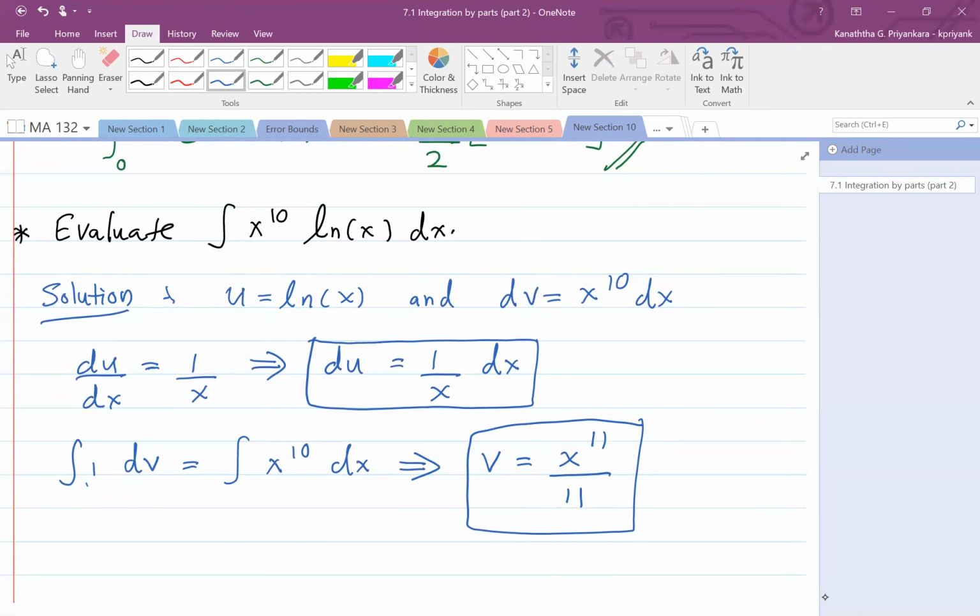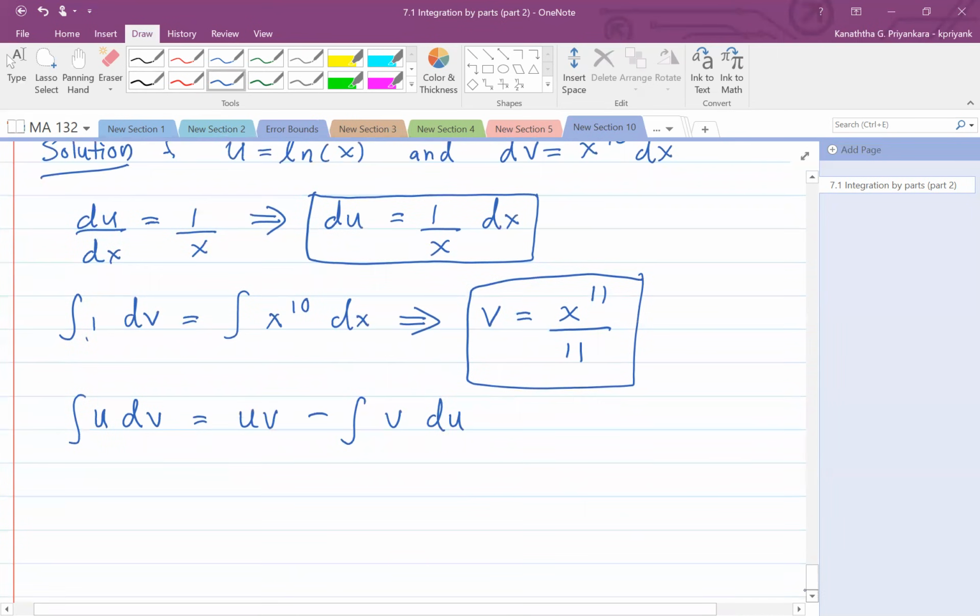Now we can apply integration by parts. So the integral of u dv is uv minus the integral of v du.